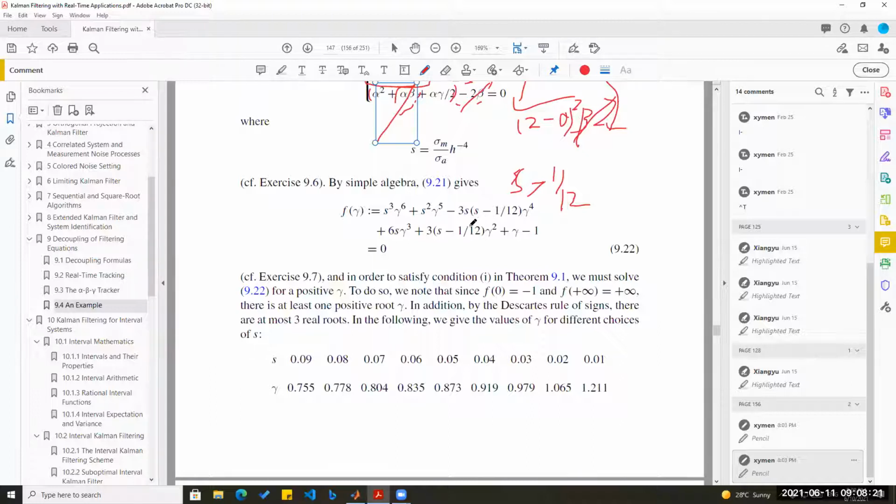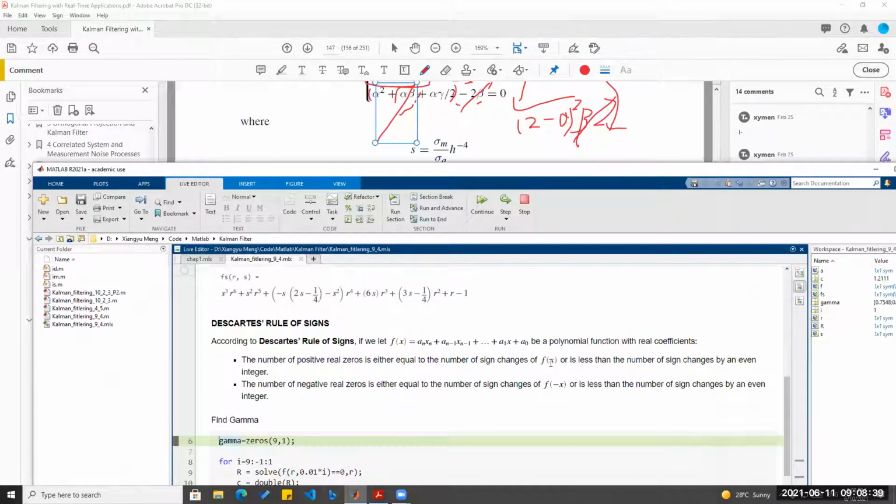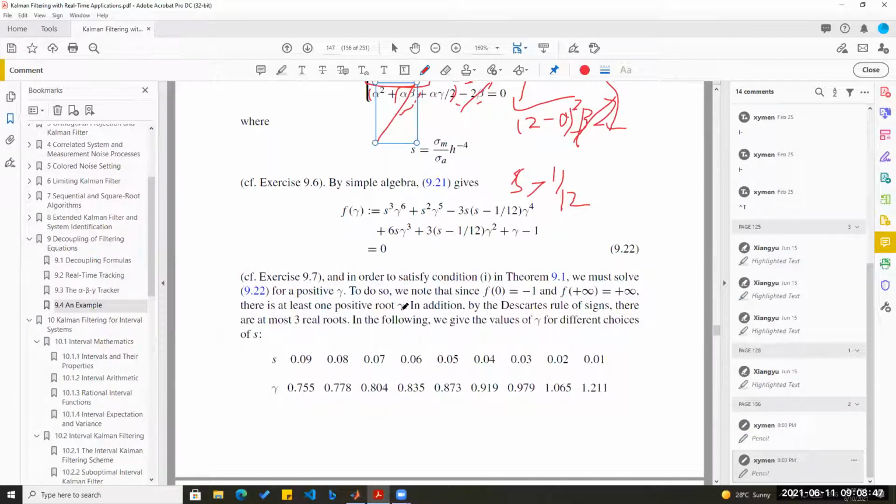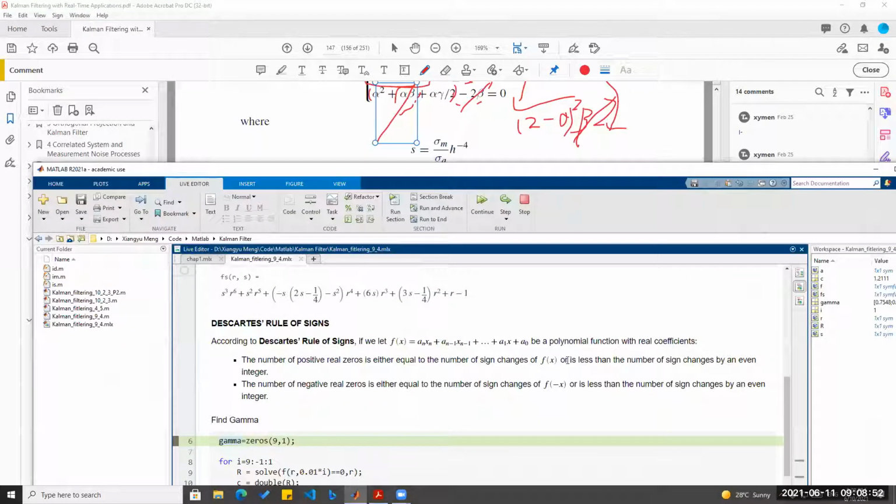Then negative to positive, we have two sign changes. Then positive to positive, then positive to negative, that is three sign changes. So according to the rule, there are at most three positive real zeros, but it may be 3 minus an even integer.